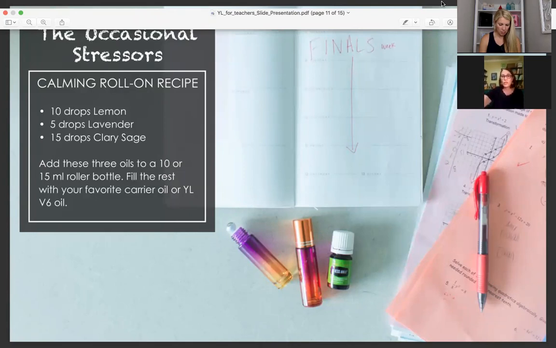On the screen, you'll see the calming roll-on recipe: 10 drops lemon, 5 drops lavender, 15 drops clary sage, and you put all those in a roller bottle with your favorite oil, and then just keep it at your desk and use it throughout the day.